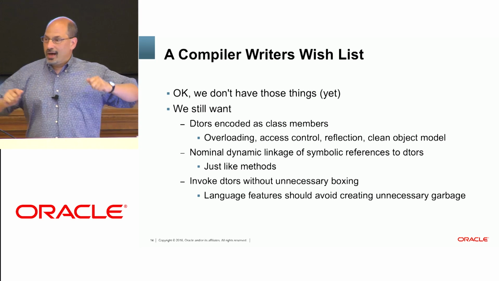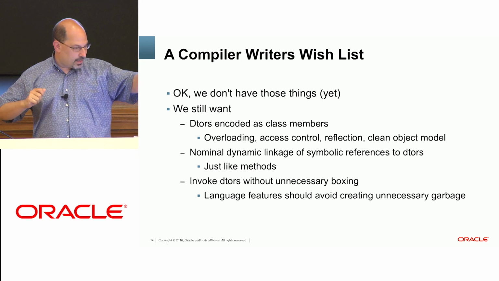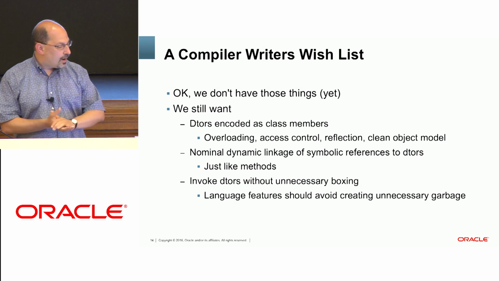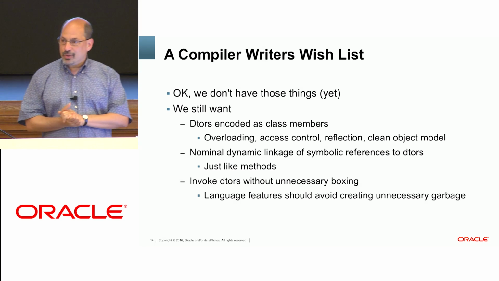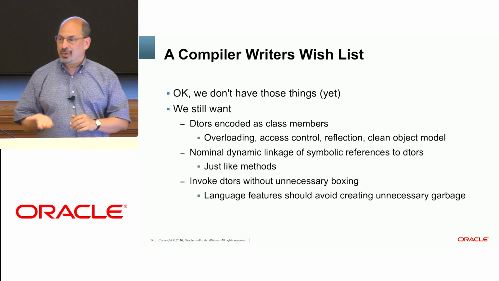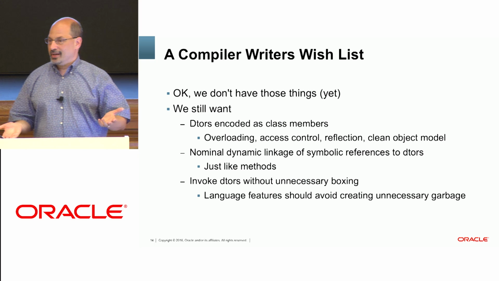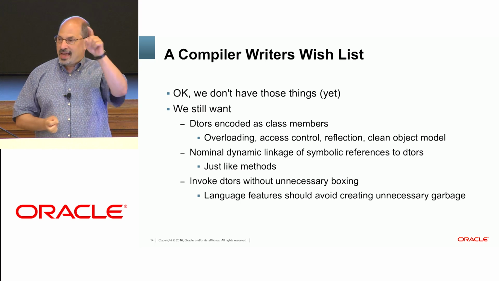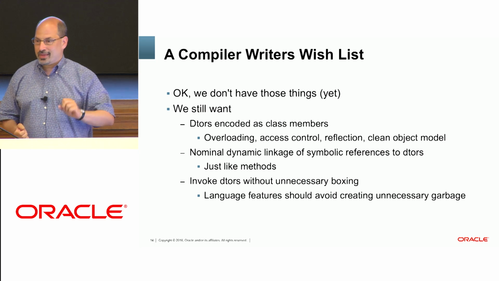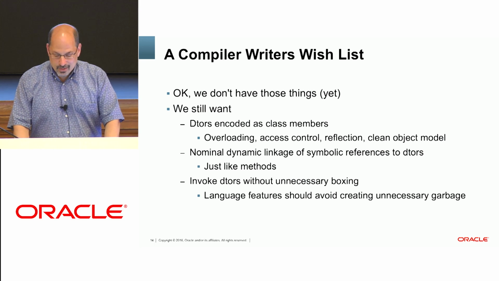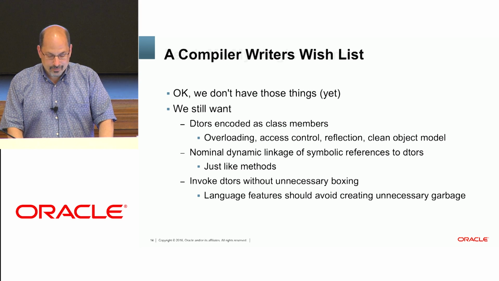We want invocations of patterns to be mediated by symbolic linkage, and we want to be able to invoke these things without too much boxing. People don't like it when language features create garbage. If there's going to be garbage created, they want to see the letters NEW in the source code, right? They want to own that garbage. So we try not to foist garbage on our users if we can.